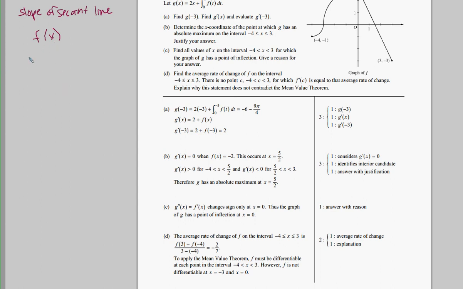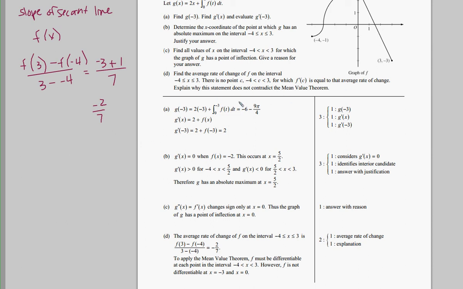So what I need to do here is find f of 3 minus f of -4 all over 3 minus -4. F of 3 is -3. F of -4 was -1, so I'm going to do that +1. All over 3 minus -4 is +7. So that's how I get -2 over +7.